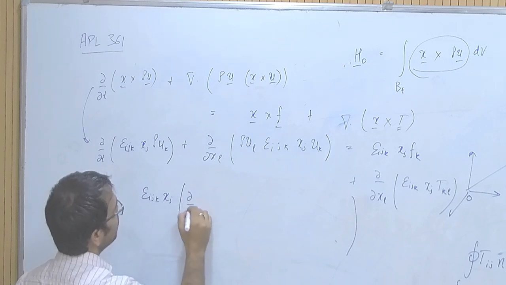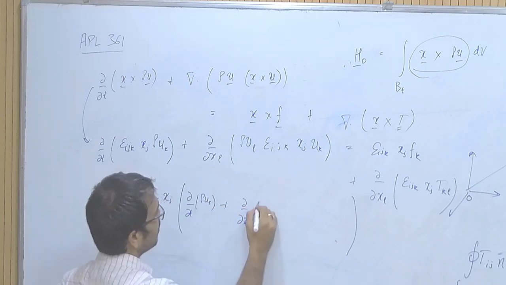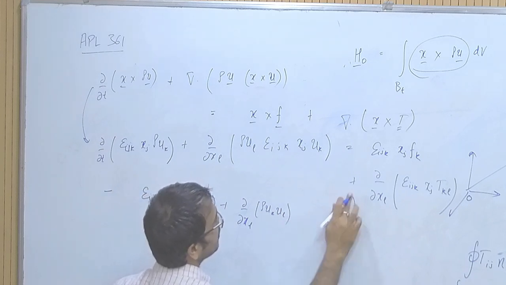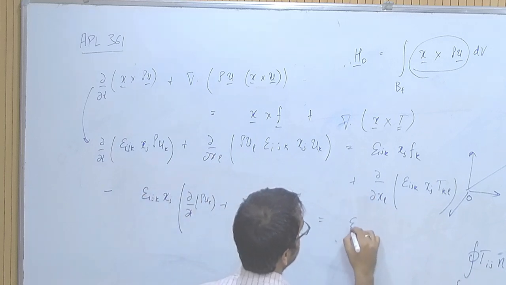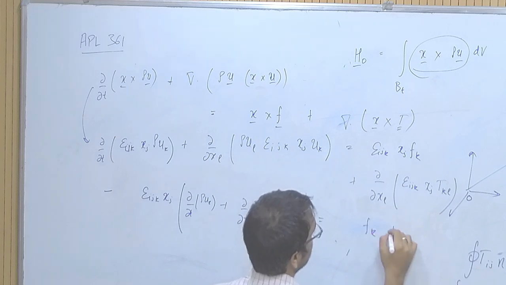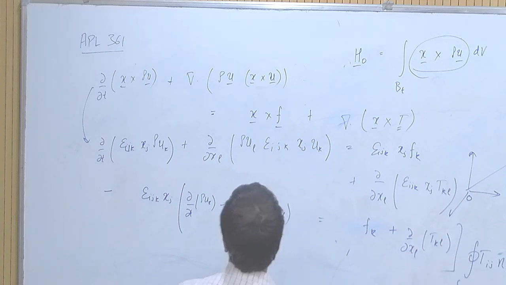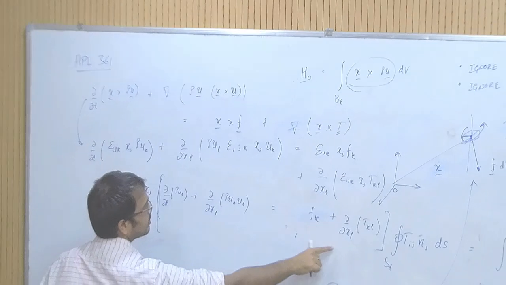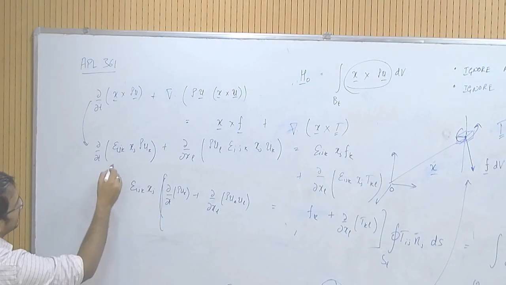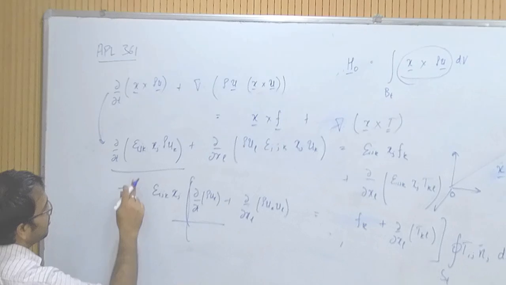So del by del t of rho u_k plus del by del x_l of rho u_k u_l equals F_k plus del by del x_l of T_kl. So, I am going to subtract this equation by multiplying it with epsilon ijk x_j. So, what do I get when I subtract these two terms?